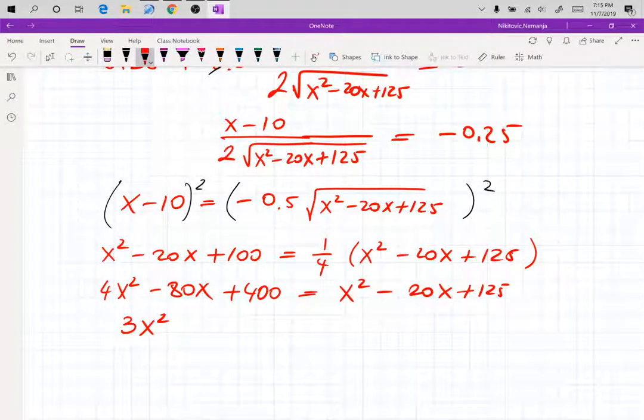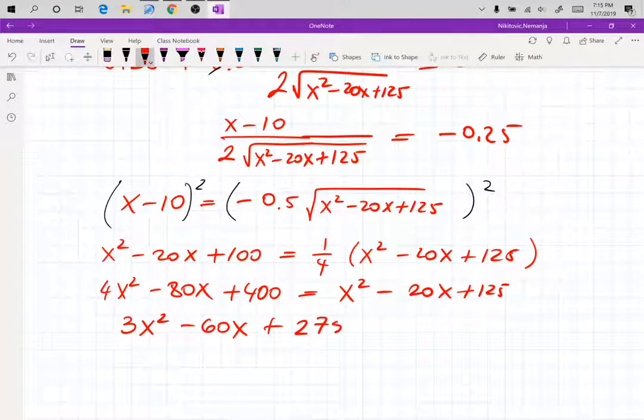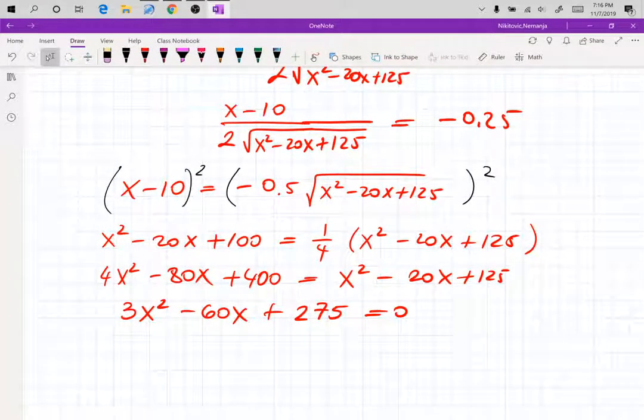3x squared minus 60x plus 275 equals 0. At this point, you start your browser, you type in Wolfram Alpha, and then when it pops up, you say solve, and then you just type 3x squared minus 60x plus 275.